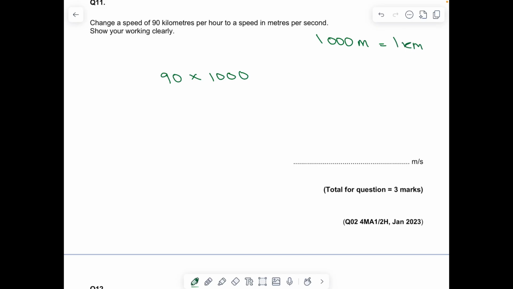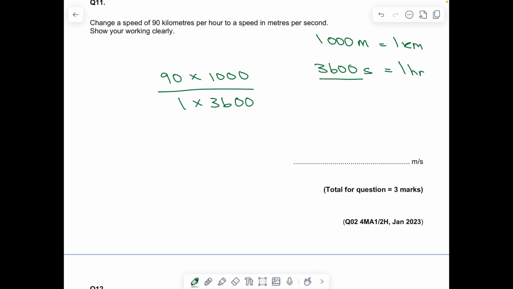And then the 1 hour on the bottom, I would times by 3,600, because there are 3,600 seconds in 1 hour.